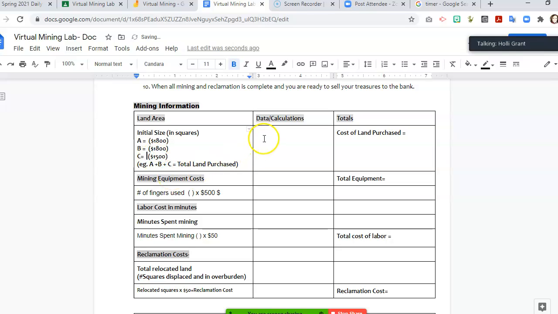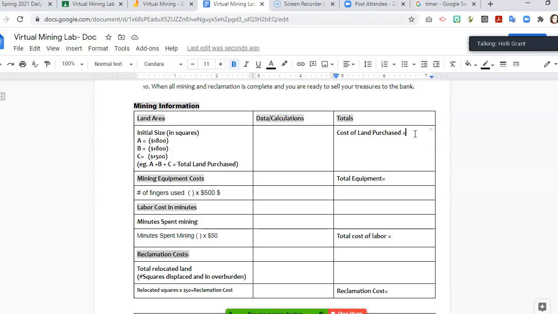If you bought plot A, then you should put $1,800. If you bought plot B, that was $1,800. If you bought plot C, that's $1,500. So right there, you're just going to put what you purchased and then give me the total. If you only bought one plot, that's pretty easy.